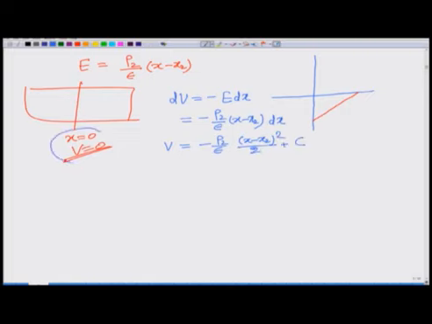And if I impose this condition, then 0 becomes minus rho 2 over epsilon, x is 0 now, so x 2 square by 2, plus c. So, that gives me c, and hence what I have is V equal to minus rho 2 over 2 epsilon times ((x minus x 2) square minus x 2 square).